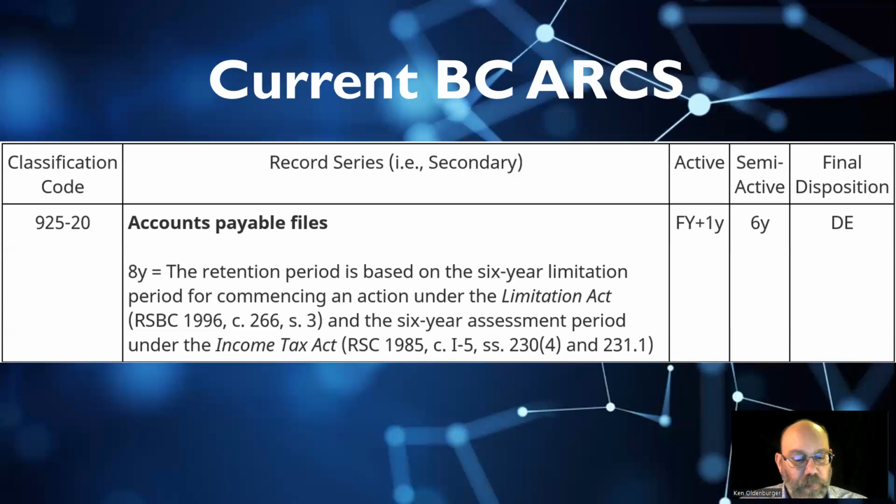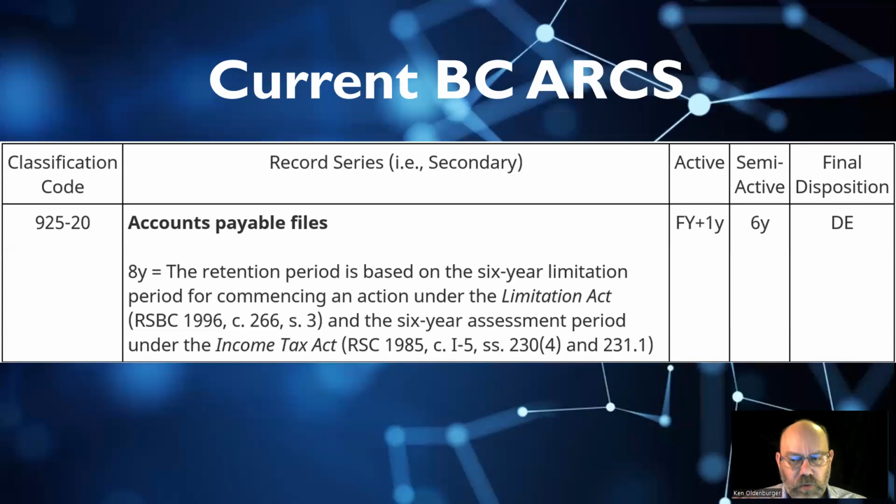So I originally wasn't going to go into it in too much detail, but I've seen this in multiple other classifications as well. So it's worth mentioning. Okay, so let's look at that active column. It says FY, and then it has +1 year.